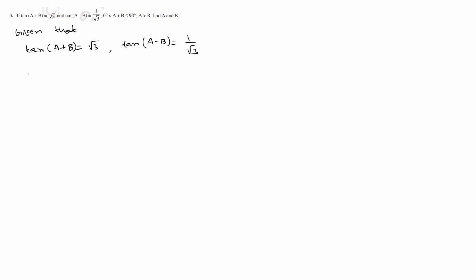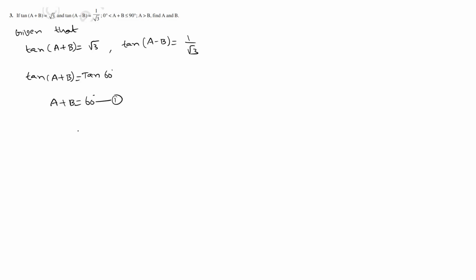Okay, so we know that tan of A plus B is equal to square root 3, can be written in terms of tan, that is tan 60 degrees. We know tan 60 is equal to square root 3. So tan of A plus B is nothing but tan 60 here. So on both the sides tan will get cancelled. So A plus B is equal to 60 degrees we will get here.